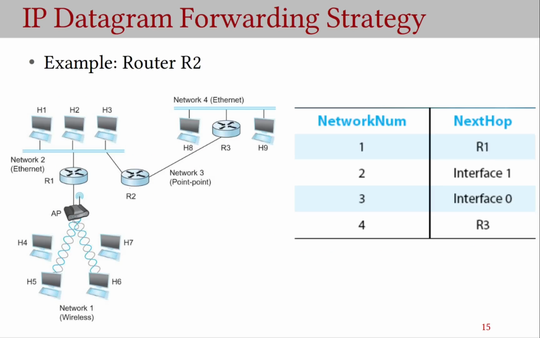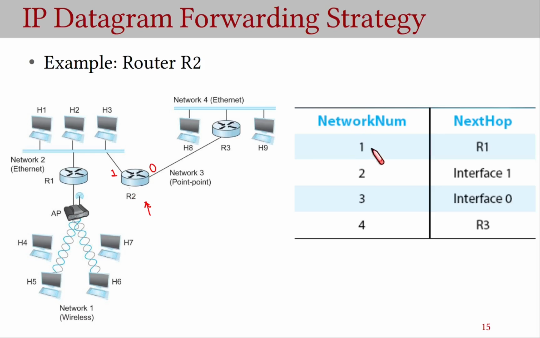Now let us look at this example that we saw before. Here is the routing table for router R2. R2 is directly connected to network 2 and network 3, and so for these networks, it can just send directly to the interface through which it's connected. For network 2, the table says send to interface 1. This is interface 1 of this router, and this is interface 0 of this router.